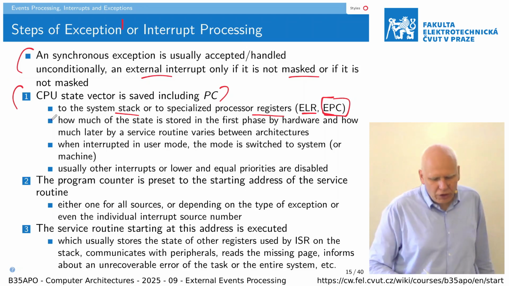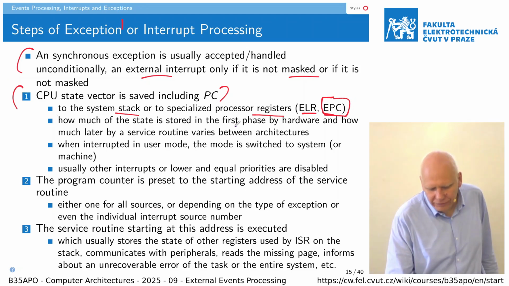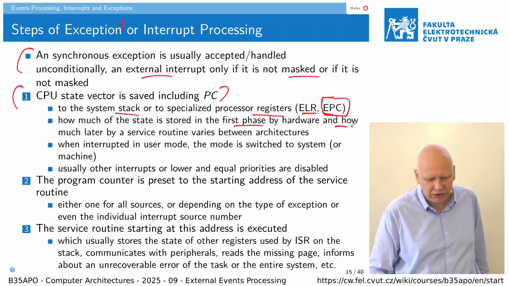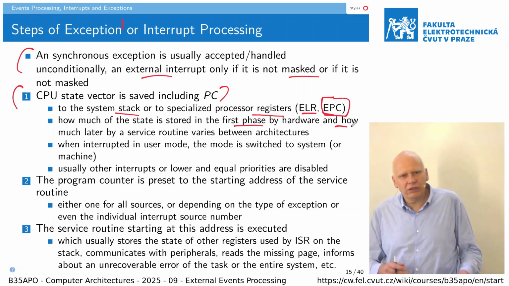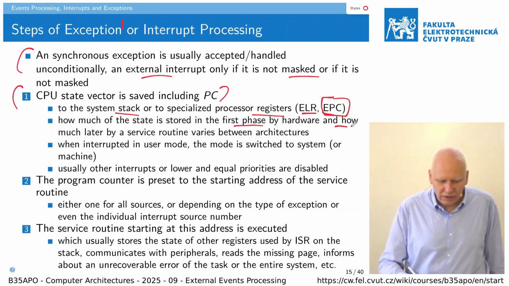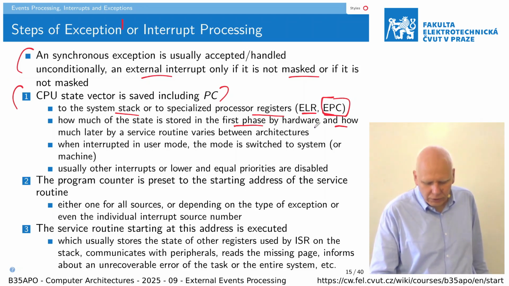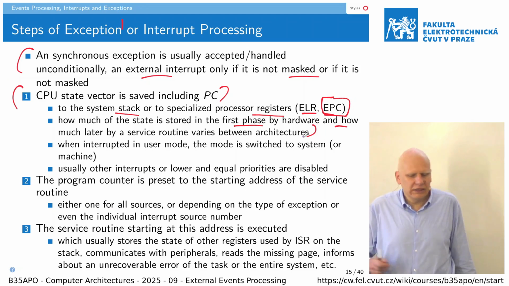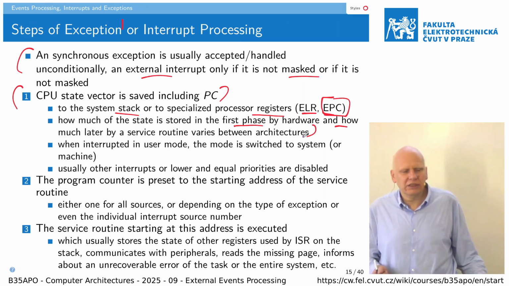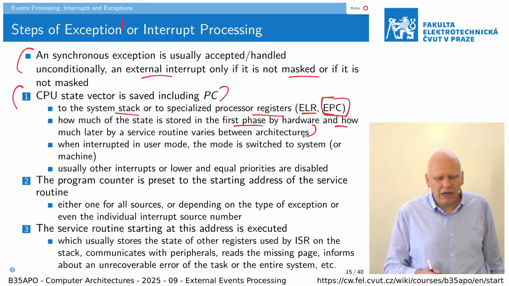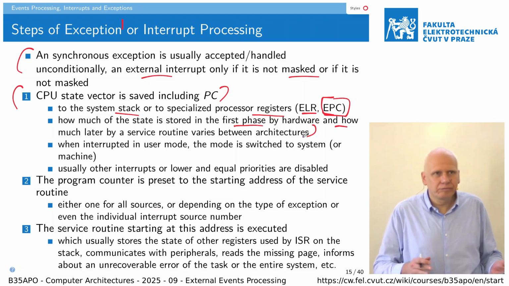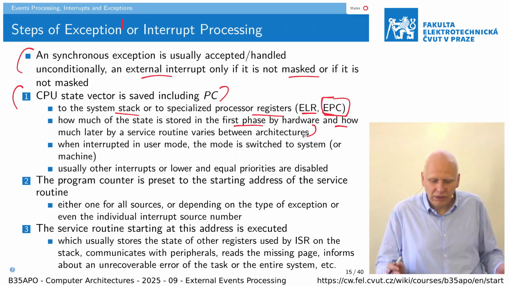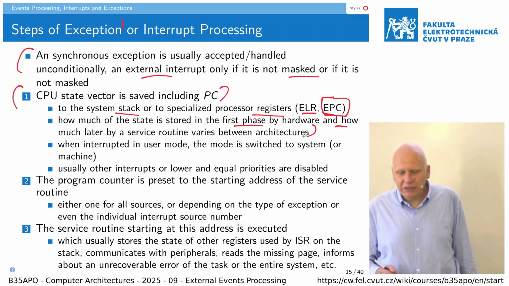How much of the state is stored in the first phase by the hardware processing of the exception, and how much is stored later by the prolog code of the routine, differs between the architectures. Basically, it is defined in the manual how it works on a given family of processors, but it can differ between the different architectures.